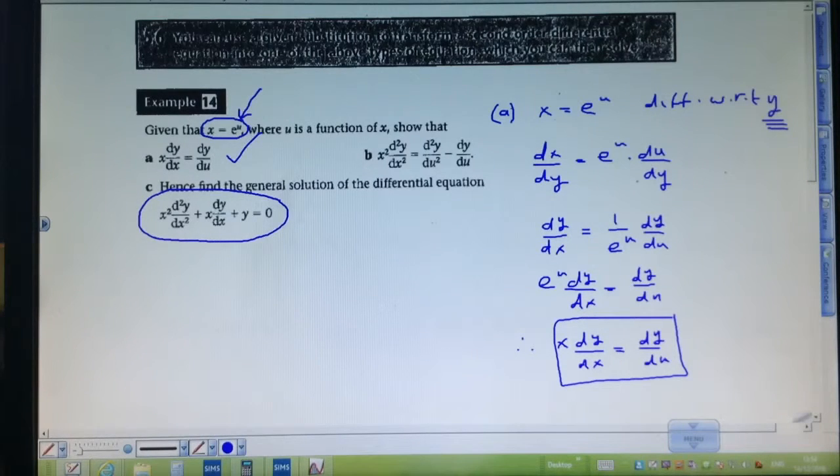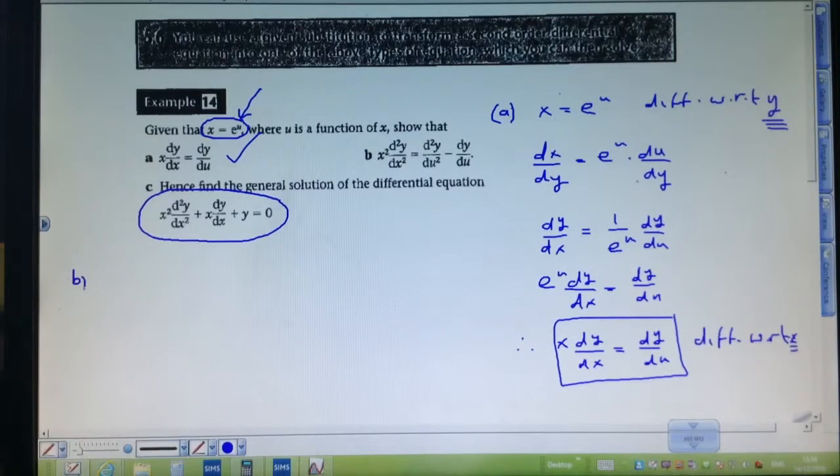Okay, now the next bit, we've got to find something that's going to substitute d2y by dx squared. Well, we've got x dy by dx, so all I've got to do is differentiate both sides with respect to x. Okay, so I'll do it here.